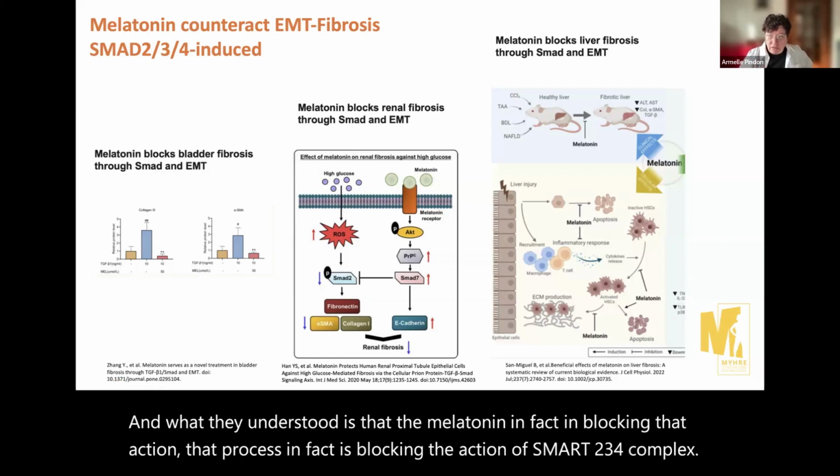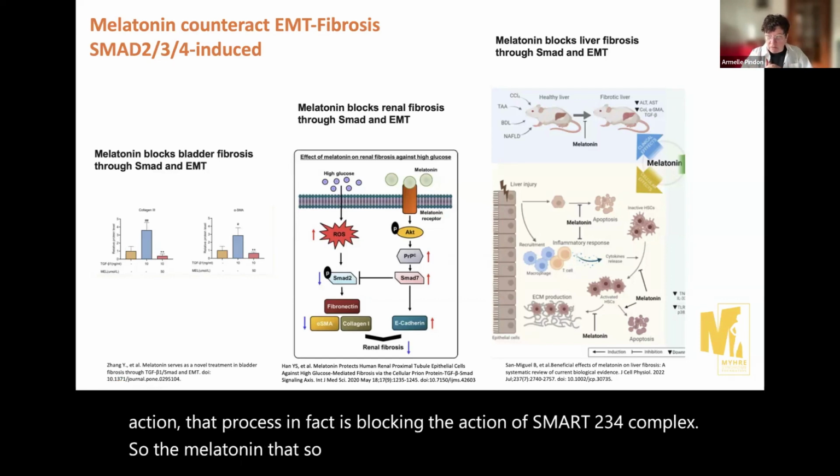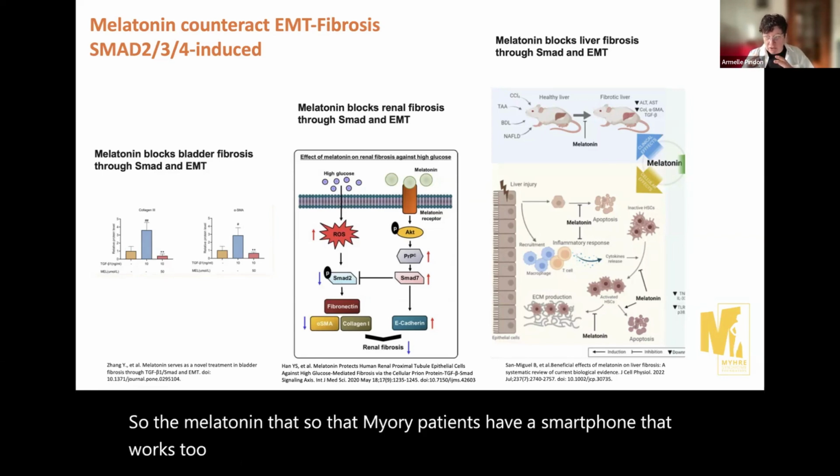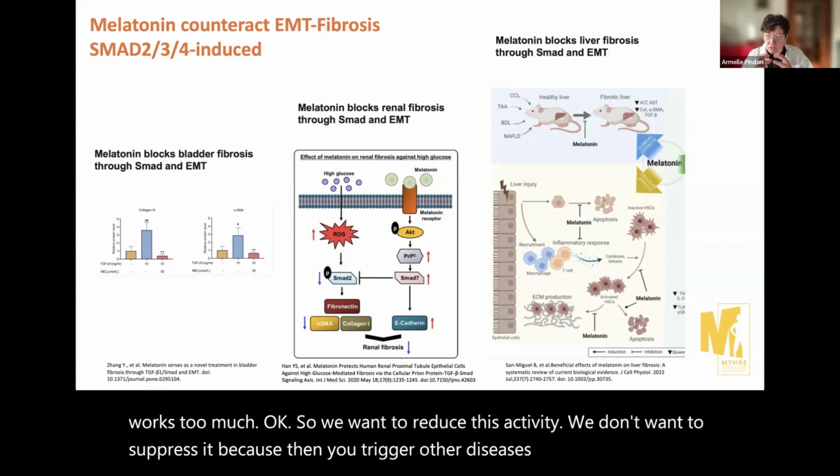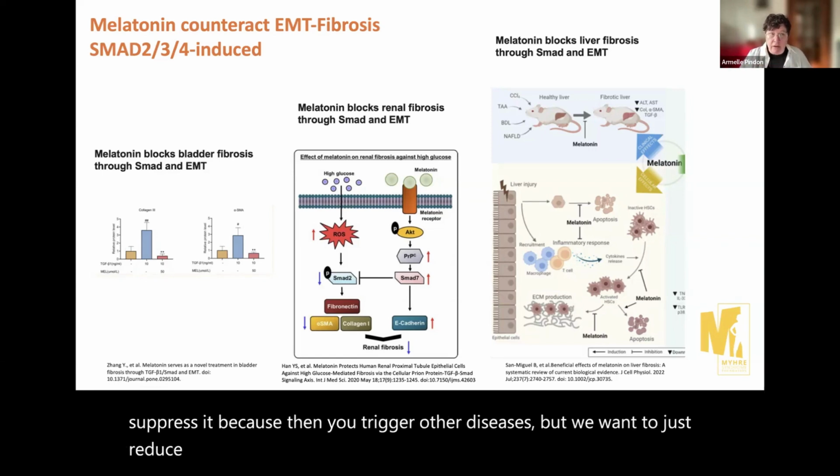Myhre patients have a SMAD4 that works too much, so we want to reduce this activity. We don't want to suppress it, because then you trigger other diseases, but we want to reduce it slowly.